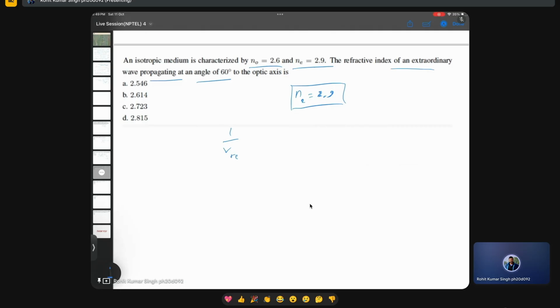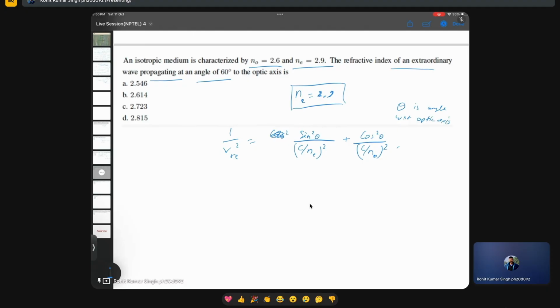So this formula tells you that the velocity depends on sine square theta, as well as the refractive index of both ordinary and extraordinary. Theta, you remember, is the angle that the ray is making with respect to the optic axis.